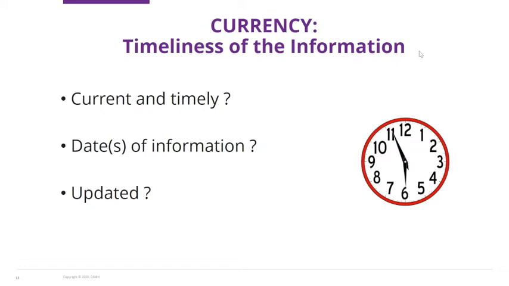Because as we know, medical information can change. One example of this is the current global pandemic of COVID-19. What we know about COVID-19 now is very different from what we knew a year ago. So that's one example of how you really want to look at how current and how recent the information is.